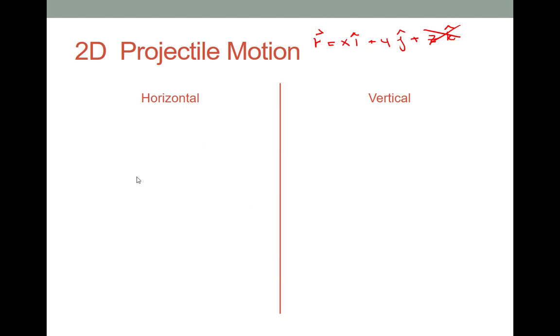In that event, then I can take my projectile motion equations that we derived a couple parts ago and write them as two separate pieces. So horizontally, I have these three equations.